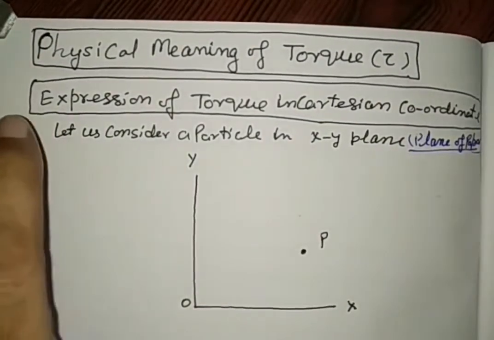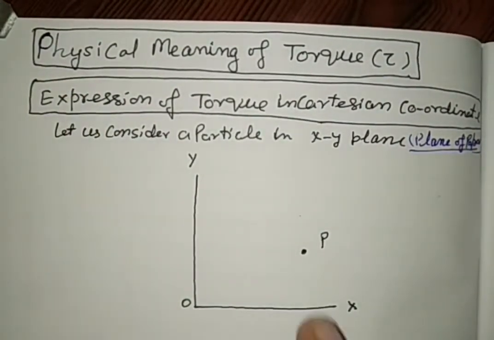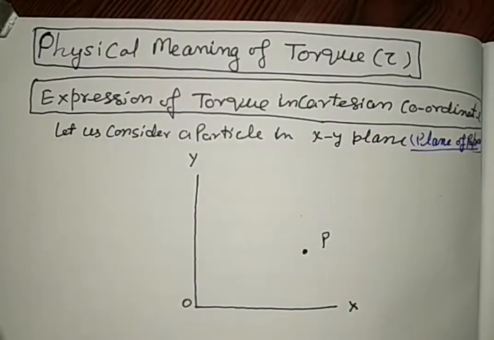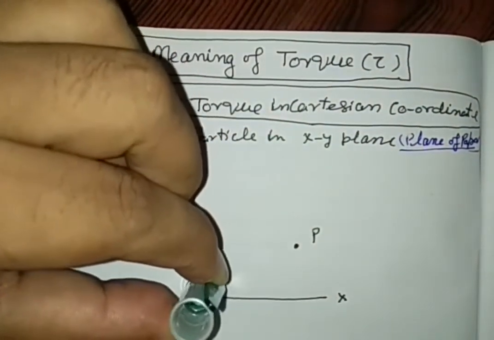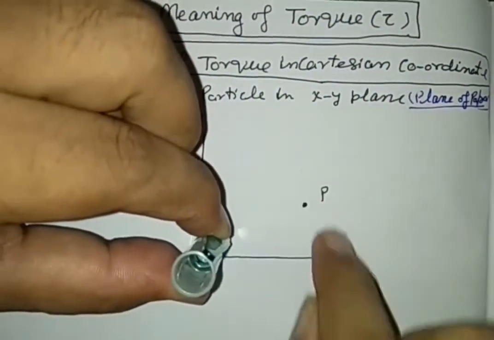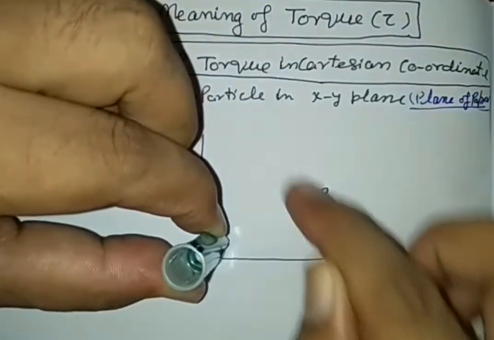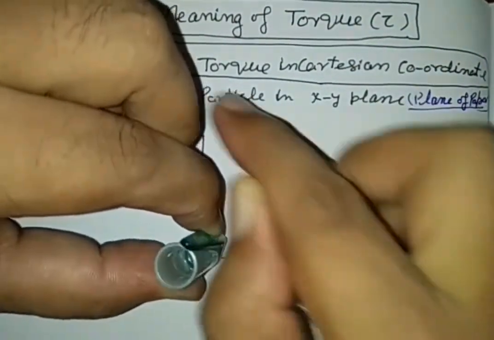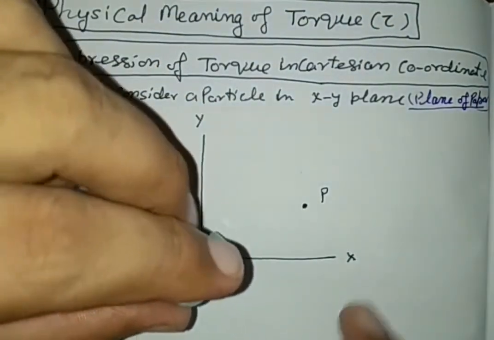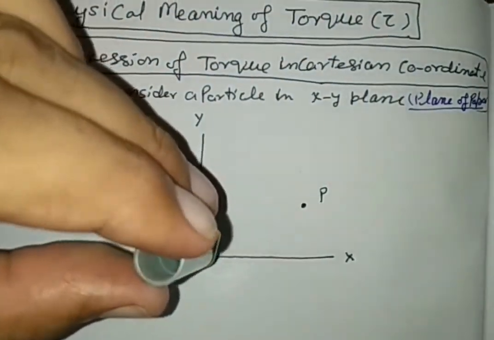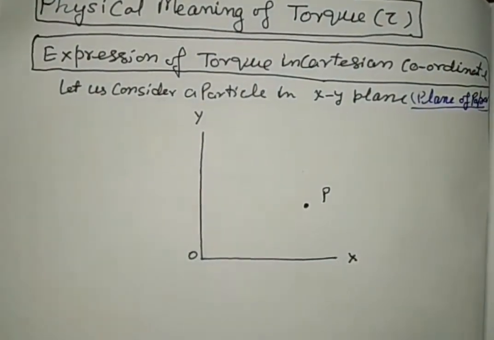This particle is moving around this. The axis of rotation, see this pen cap, it is perpendicular to it. This particle is moving here in anti-clockwise direction, right? So this pen cap is axis of rotation passes through the origin of it.